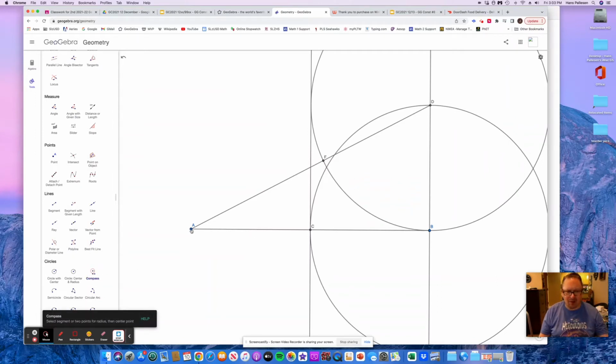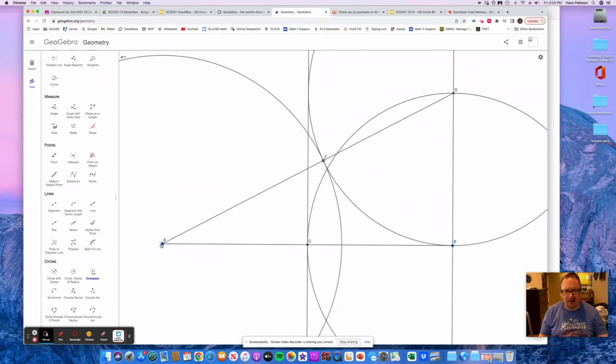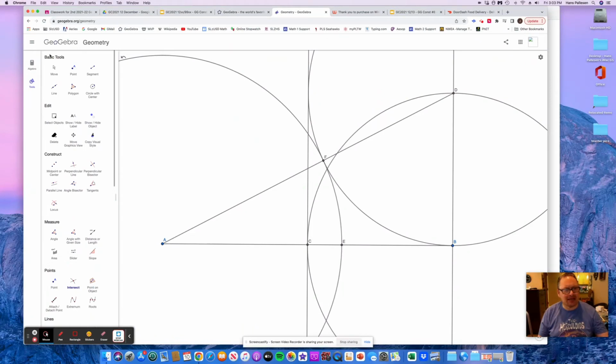And we're going to put it on A, measure out to F. Now that intersection down here, that one is G. Now this is still calling it E, so I need to change that to G. And G stands for golden.